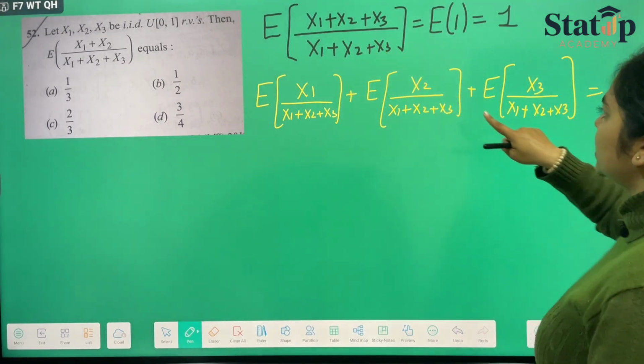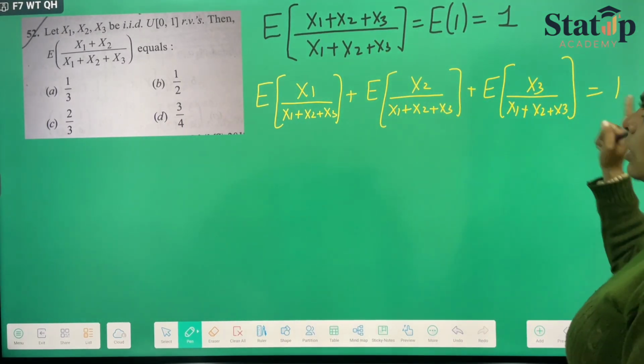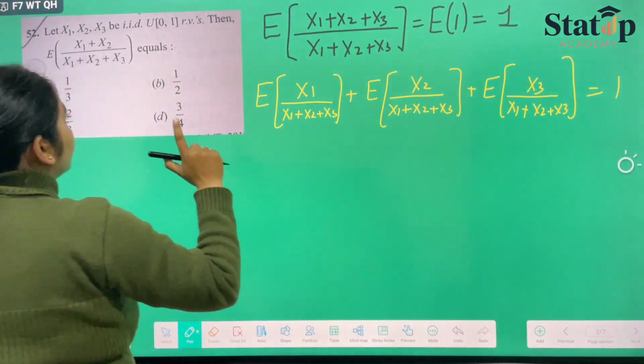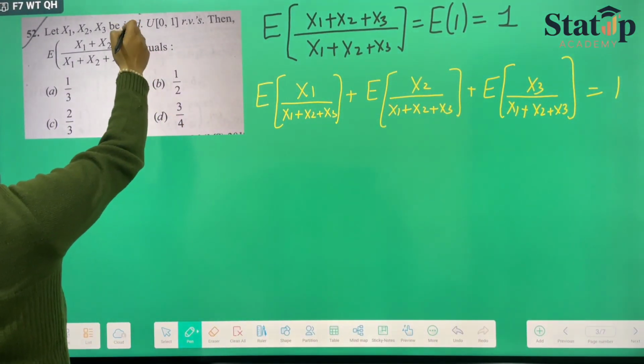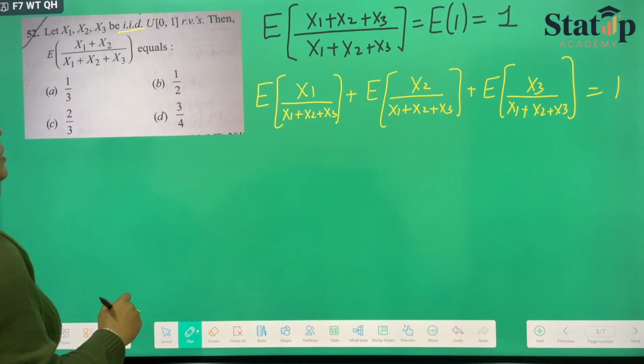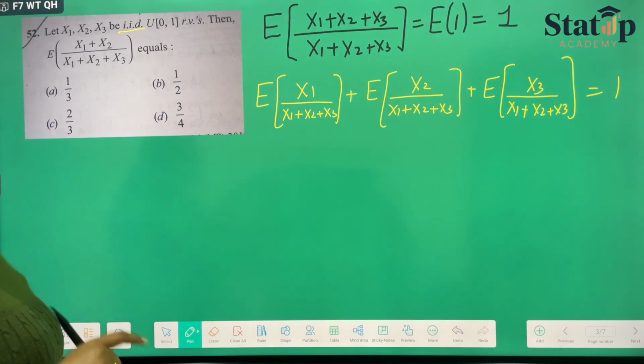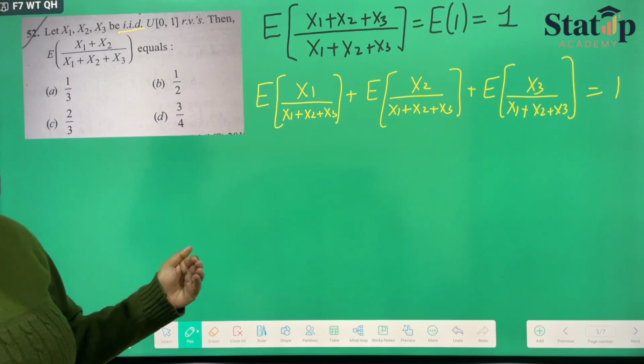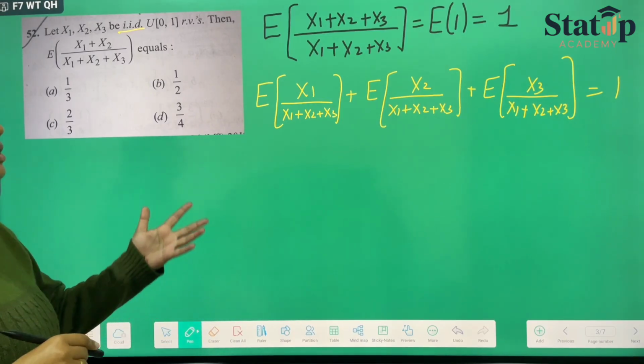We can write this term like this, and since we have proved it equal to 1, we can also write this. Now, since you can see that these are IID, independent and identically distributed random variables, x1 should be equal to x2 should be equal to x3.